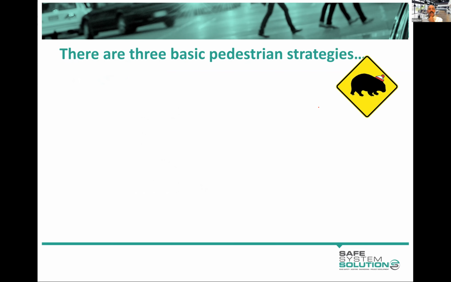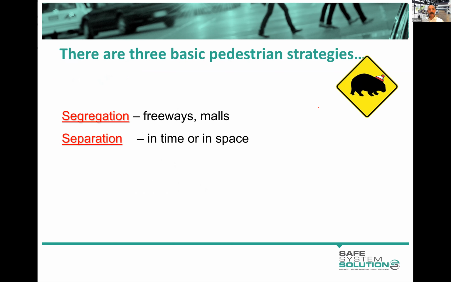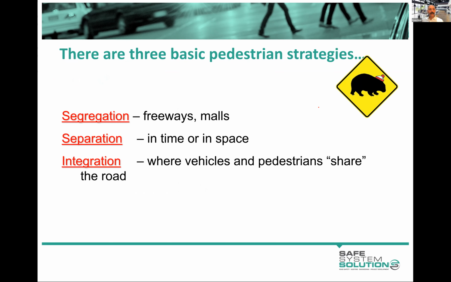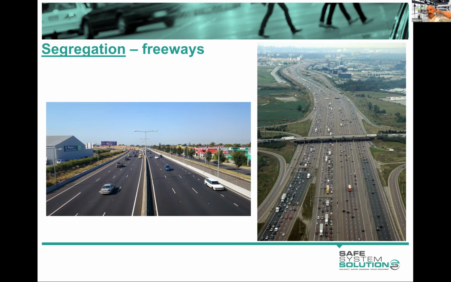The basic strategies for pedestrian safety, we think about either segregating, separating, or integrating. Segregation being a motorway, for example. This is for vehicles and no pedestrians shall be there.